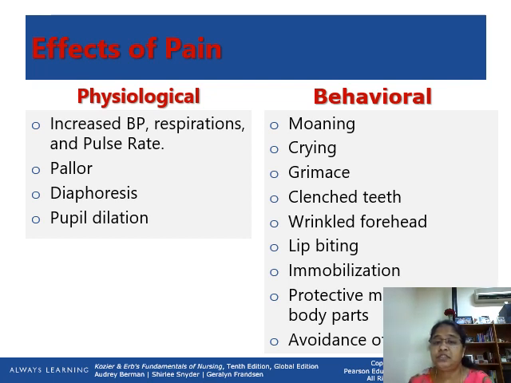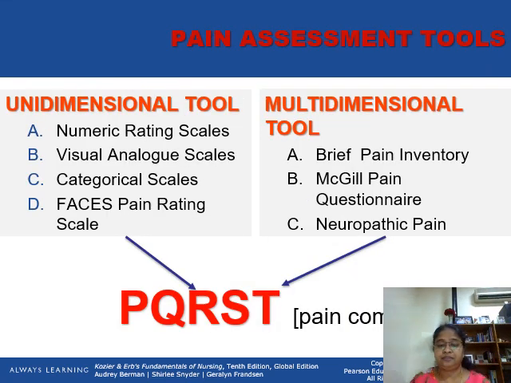Behavioral, the patient can make some noise, or crying, or clenching the teeth, and the face is not normal, it is dull. Or they are not moving from one place because it's severely painful. If I have pain in the abdomen, I'm holding my abdomen and sitting. And they don't want to face anybody, they don't want to talk to anybody.